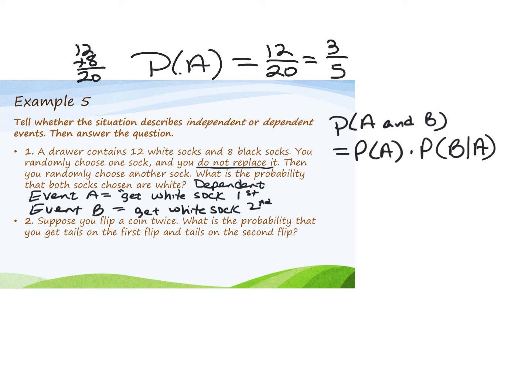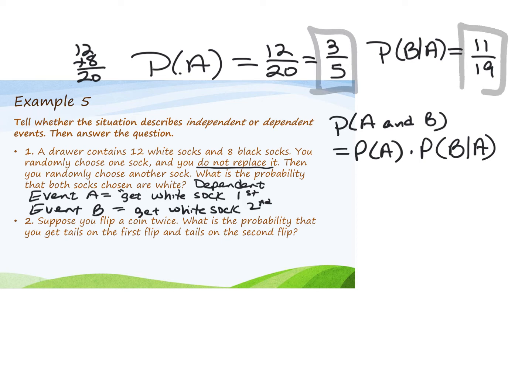Then I'm going to do the probability of B given that A happened. And there are now 19 socks in the drawer. And I'm assuming that I got that white sock. So now there's only 11 socks. So now I'm going to take these two probabilities, 3/5 and 11 over 19, and I multiply them.